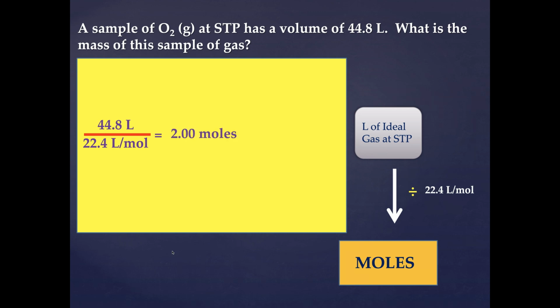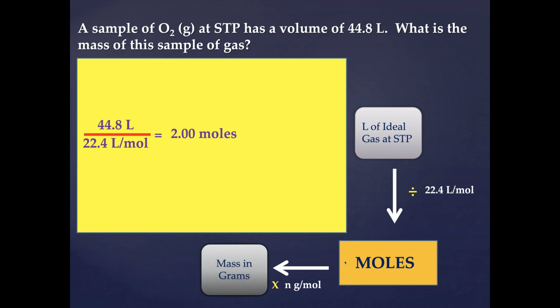And yes, significant figures still apply. 3 sig figs, 3 sig figs, 3 sig figs. That's why I'm not just leaving it as 2. I'm leaving it as 2.00. Now we're asked to convert that to mass, so we're going to have to convert moles by multiplying by formula mass to grams.